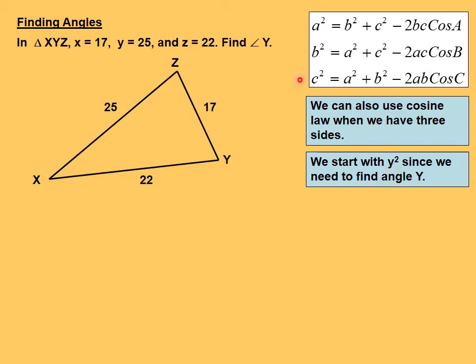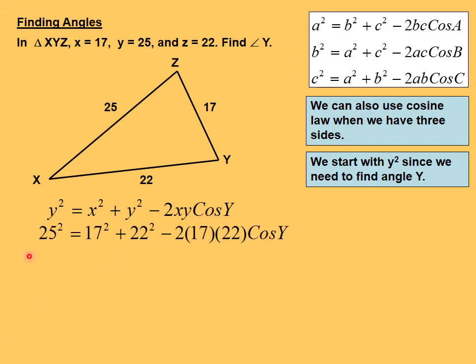We would have to write y squared equals x squared, the other two sides, plus z squared minus 2 times x times z, times cos of y, which is what we started with. Let's see if we got it right. Oh shoot, this is supposed to be a z. Oh, there's a little mistake here. So this should say z, and this should say z. I'll have to correct that next time.